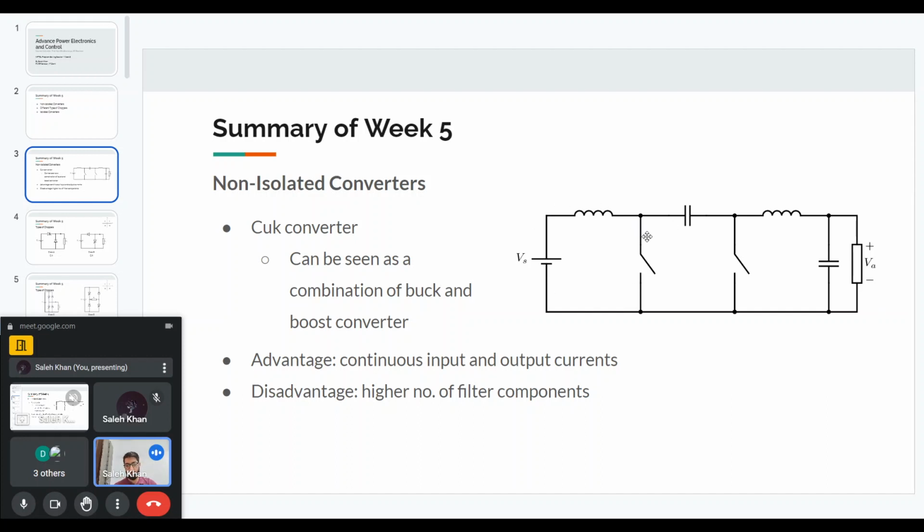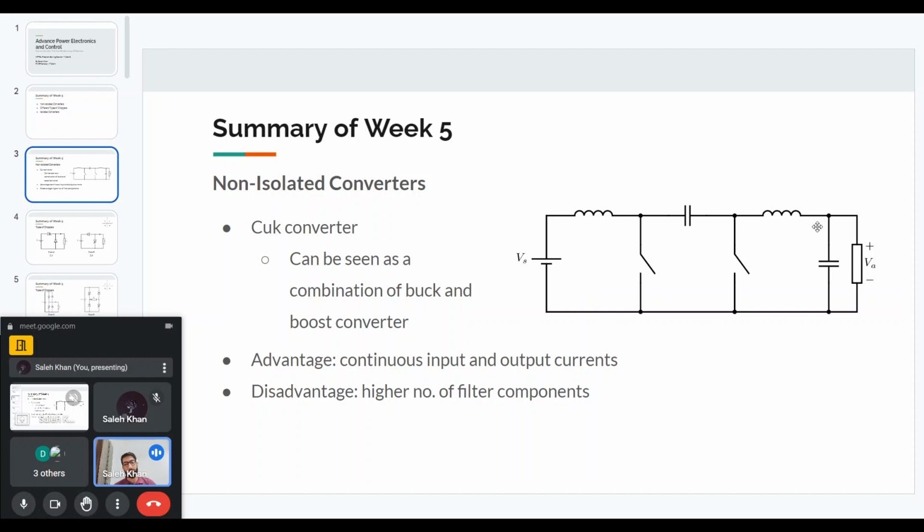The advantage of this converter compared to, let's say, the normal conventional buck boost converter, because as you saw in the lectures that this offers buck boost functionality. The advantage here is that because of these inductors at the input current side and output current side, the input current and output current are smoother. They are more continuous compared to the buck boost converter, because these are the features of buck and boost converter separately.